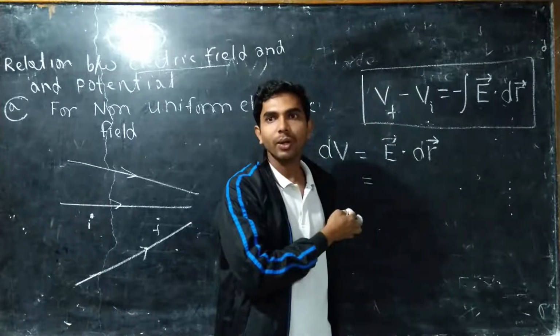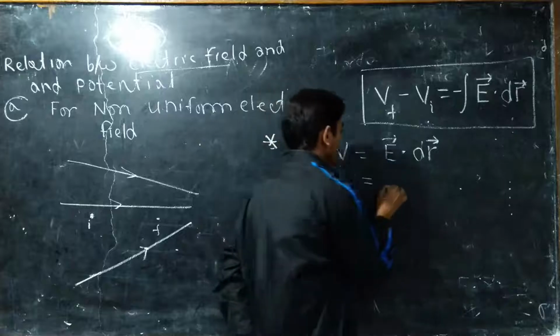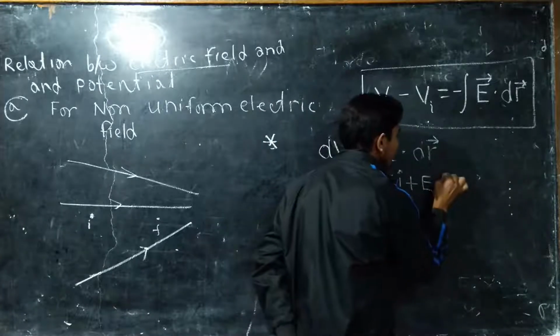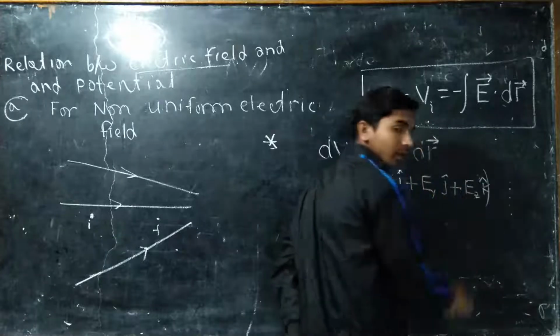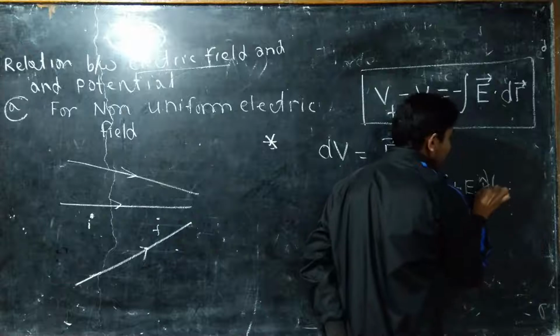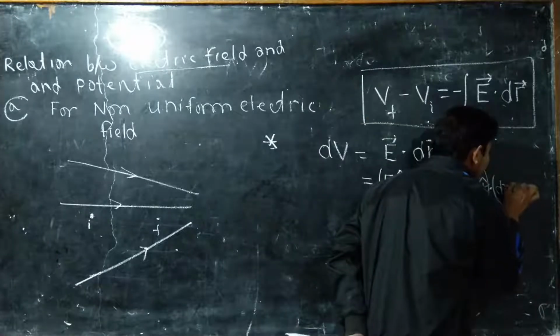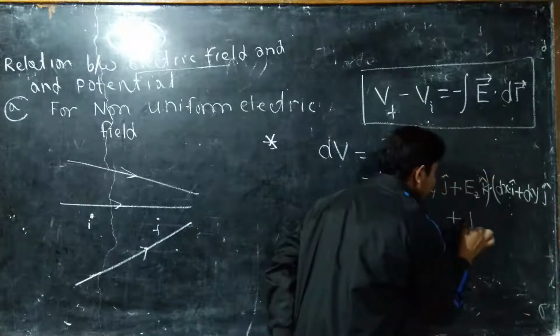Suppose I write it in different components: Ex i plus Ey j plus Ez k, and this dot dr. dr is what? dx i plus dy j plus dz k.